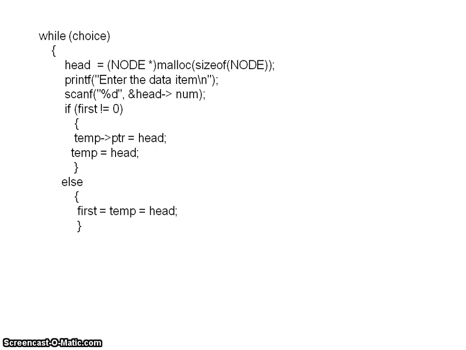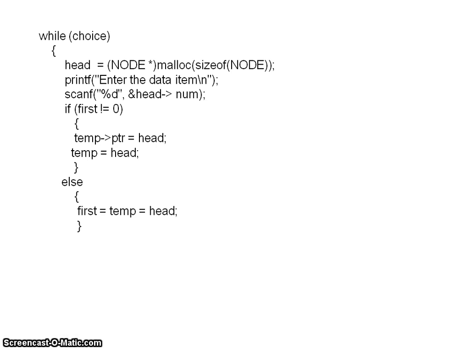For that purpose, we have written temp->ptr = head. Once we have connected the nodes, we move the pointer variable temp to the last node of the linked list, that is temp = head. It means now temp is pointing to the newly connected node of the linked list.